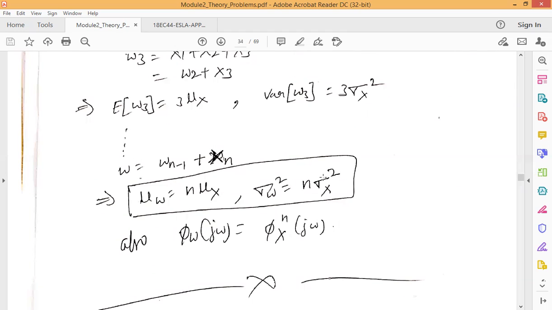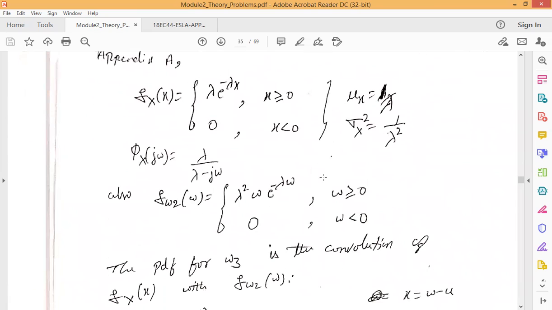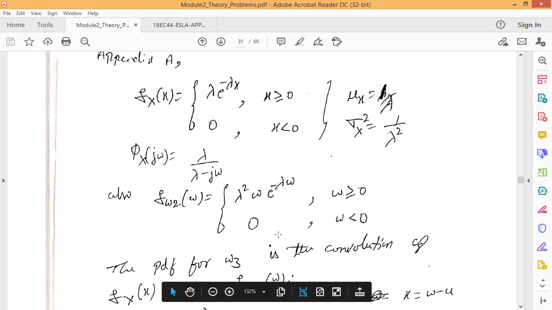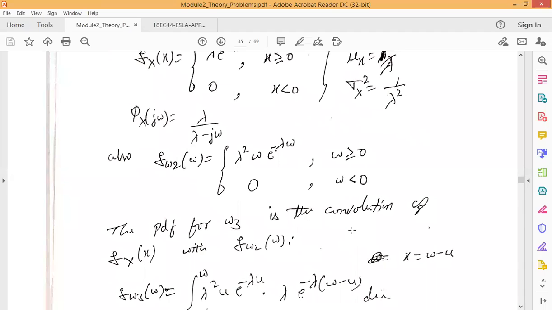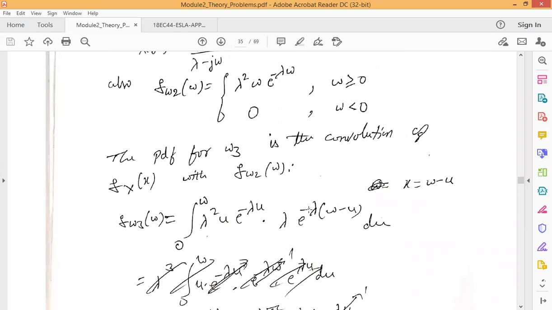So here we can write fw2 of w is equal to lambda square w e to the power minus lambda w for w greater than or equal to 0, and it will take the value 0 for w less than 0. And similarly, we can also write the PDF for the variable W3. Here W3 is nothing but the convolution of fx of x with fw2 of w.